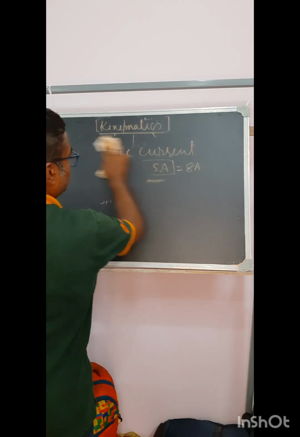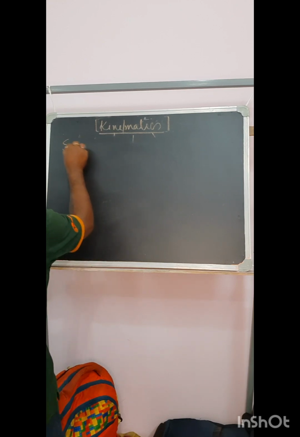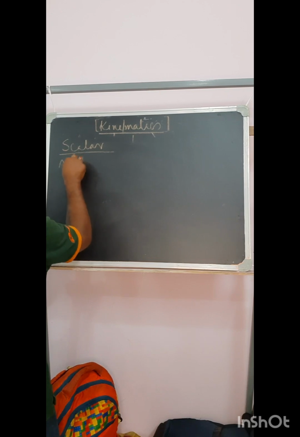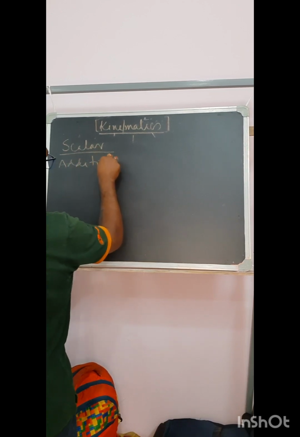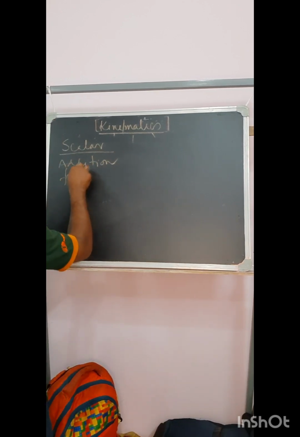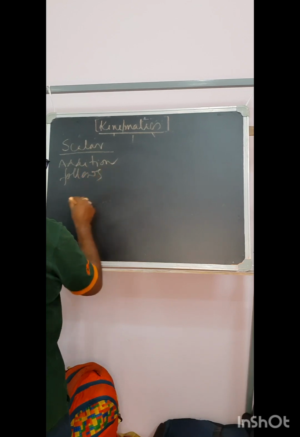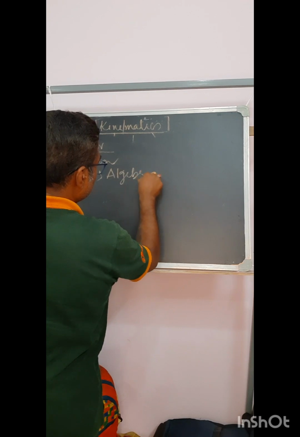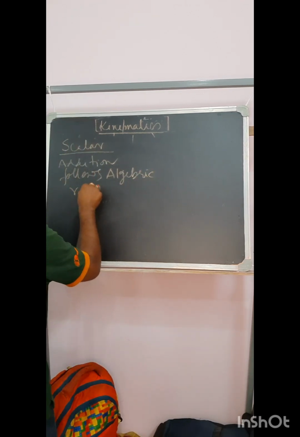So vector addition must not be an algebraic addition. This is the other characteristic. Scalar addition follows the algebraic rule.